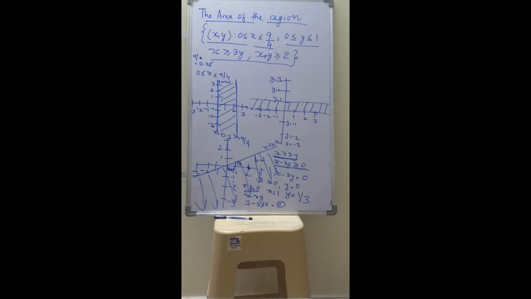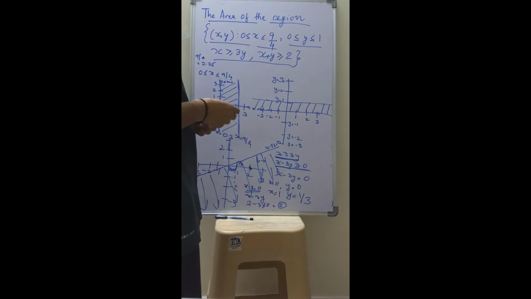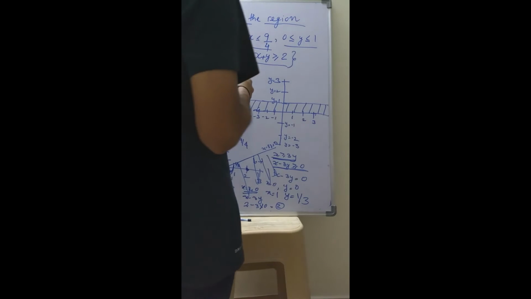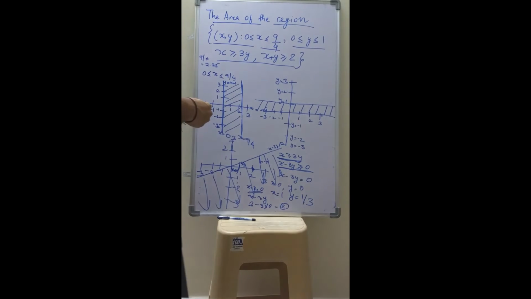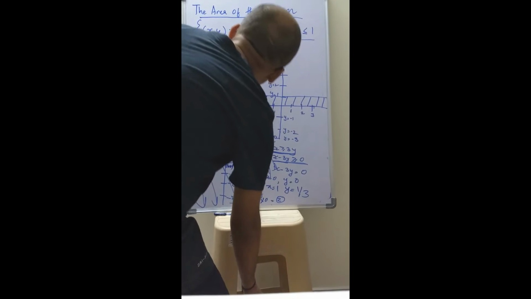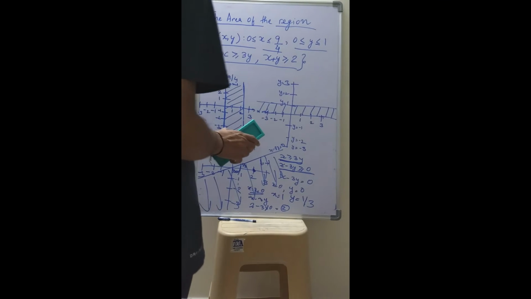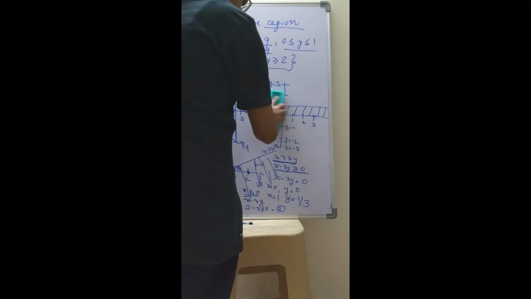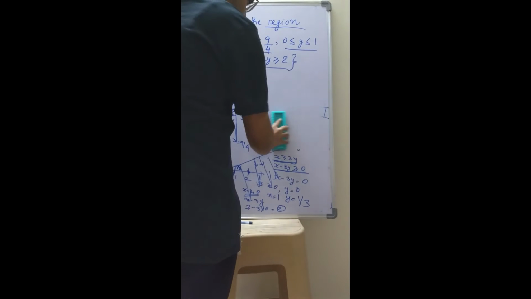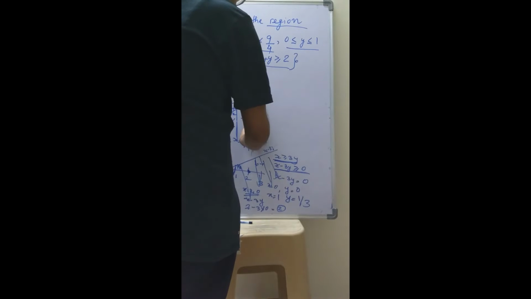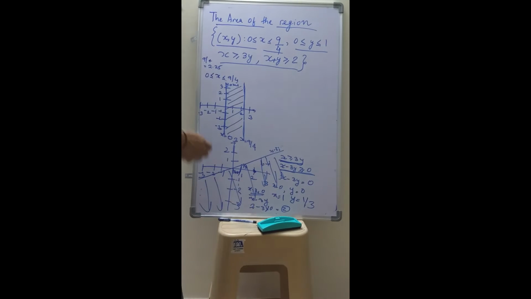Now we have one more left, which is x plus y greater than equal to 2. How do you find that? I don't have much space, so let me grab this, and we'll do the fourth one.